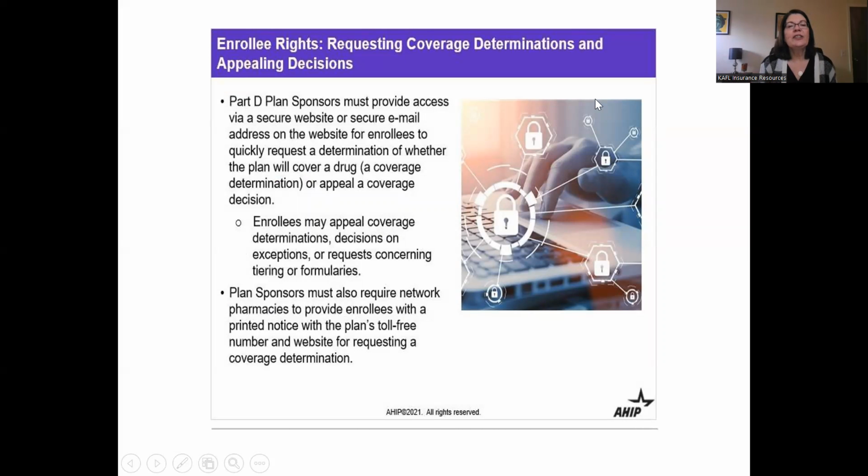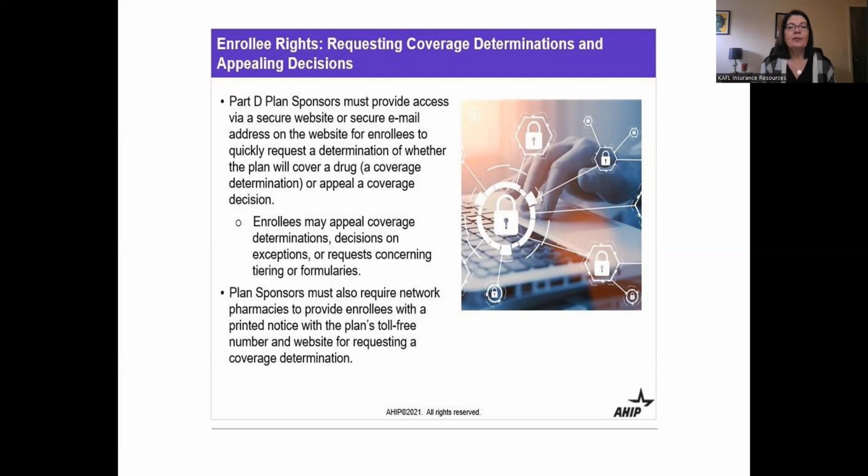So coverage determinations and appealing decisions, I feel like they definitely want you to know what appeals and grievances are, that keeps coming up in these modules. But if somebody is requesting a coverage determination and appeal when it comes to drug plans, the plan sponsors or the company has to provide access via a secure website or secure email.